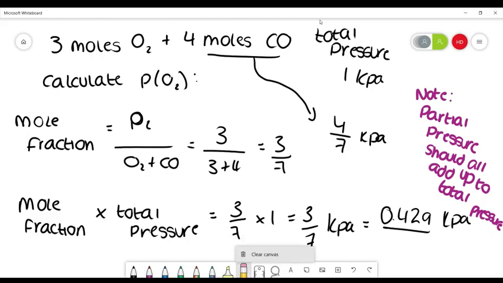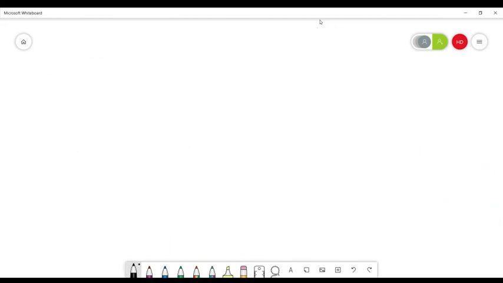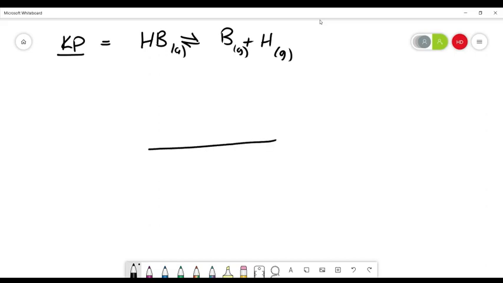Now, to quickly talk about Kp. So Kp equals, for say a reaction HB goes to B plus H, all of which are gases. So that's the reaction. Kp equals pB times pH over pHB.